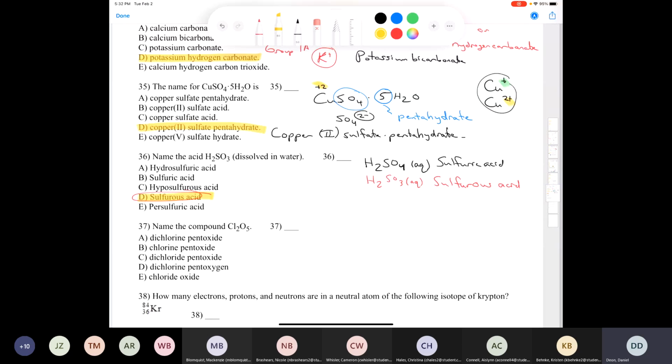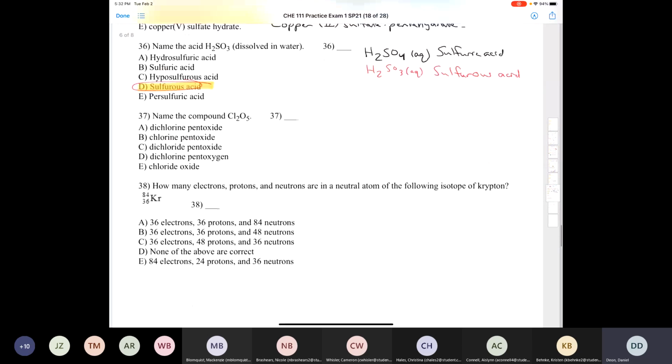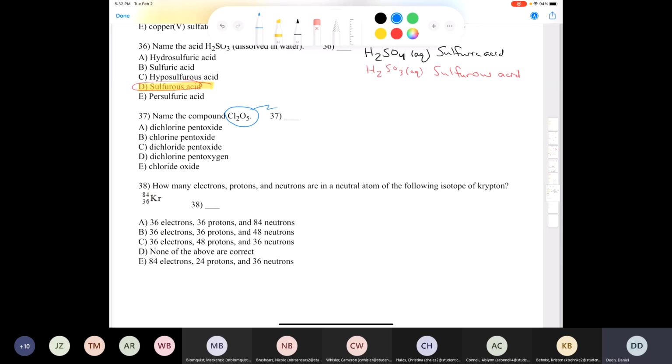The next one, we have a covalent compound. And if you're wondering what's a covalent compound, well, hopefully you read the book to figure that out and looked at all the videos that I had posted. But a covalent compound is made completely of nonmetals, right? Chlorine is a nonmetal and oxygen is a nonmetal. And so there's a different set of rules that we use when we name covalent compounds.